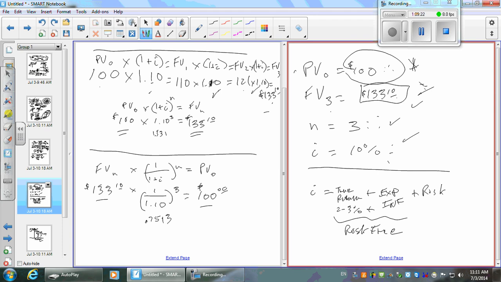BA 315 is the finance class for business majors. So risk-free is the true return plus expected inflation, and then we add risk. Right now, risk-free is around 4%, 4 to 5%. So this is probably around 2% expected, and this is whatever it is. Well, let's see. If my interest rate is about 5%, what's my risk?